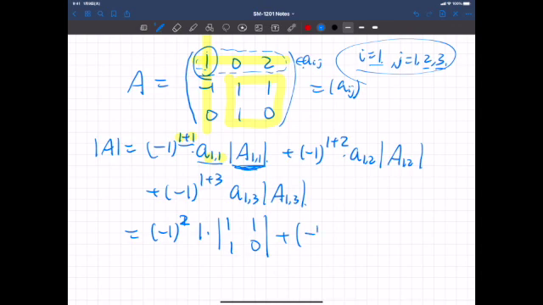Similarly, this is the power of 3, and a_12 is 0, so this term will disappear, but let us see what the A12 matrix is. We remove the first row, and since j is 2, we remove the second column. So this smaller matrix is negative 1, 1, 0, 0.